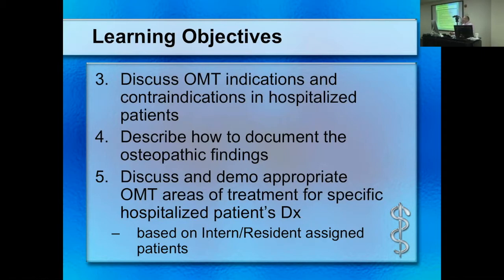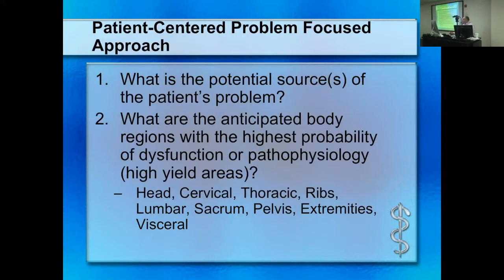So I will take volunteers from the crowd, and I will ask you what particular diagnosis you are working on and the patient you are in charge of, and I will demonstrate on you, preferably, how I would go about doing an exam on that person and documenting my findings, as well as maybe, just maybe, making you feel better. Maybe. Potential sources of problems.